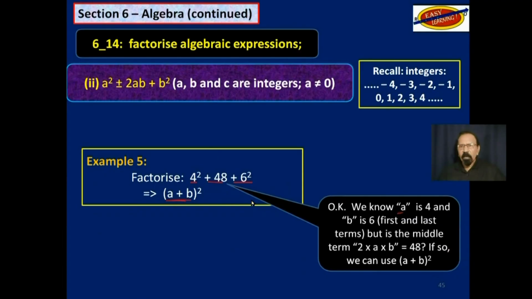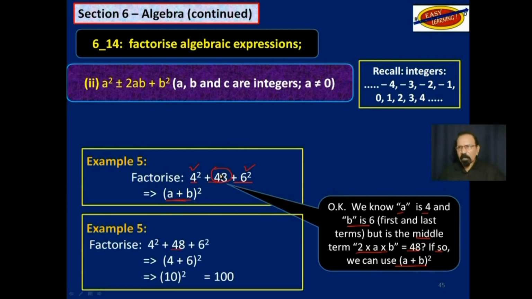We know A is 4 and B is 6. So that is A and that is B. But the middle term, 2AB, is that equal to 48? If so, we can use A plus B squared. This 48 here, that 48 there.